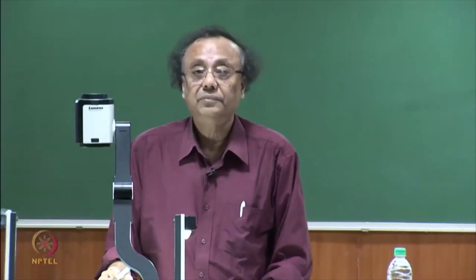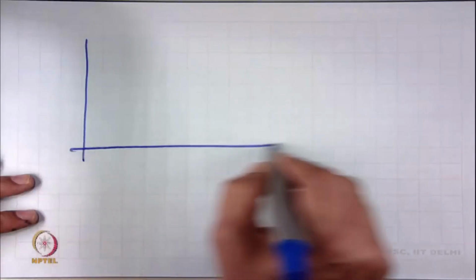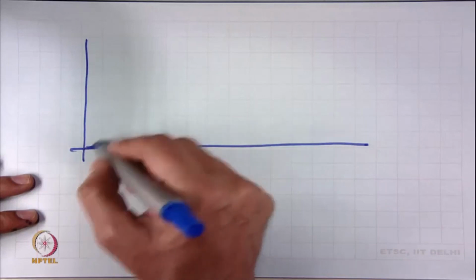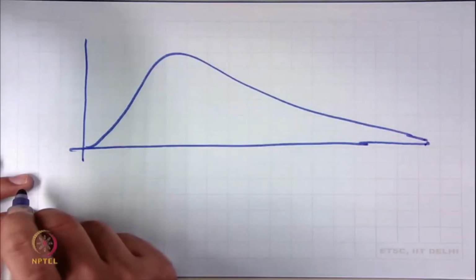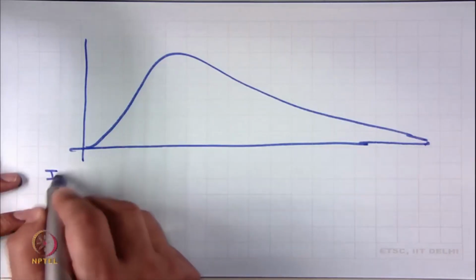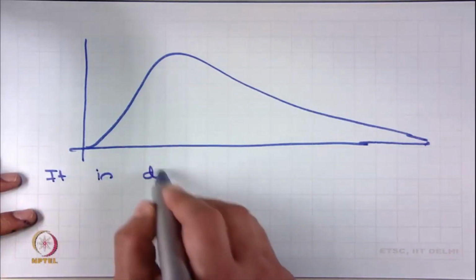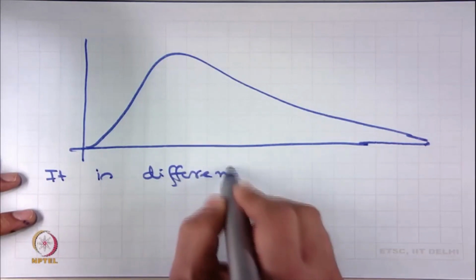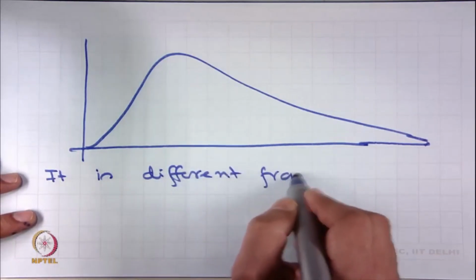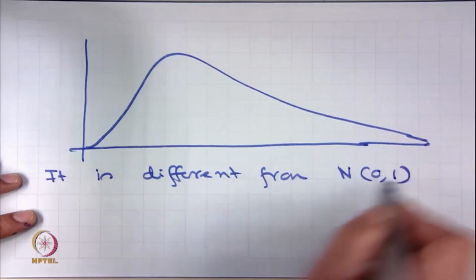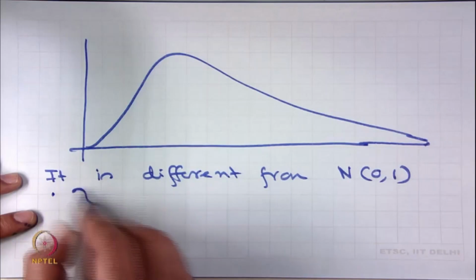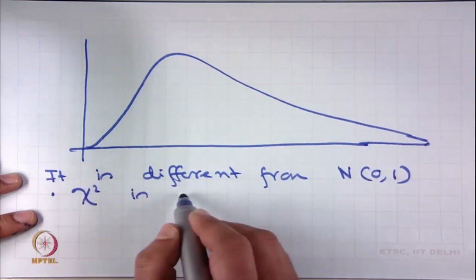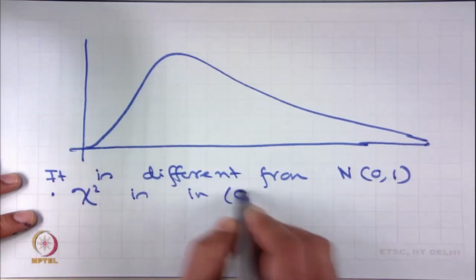In general, the chi-square distribution will have a shape like this. So, it is different from normal 0, 1, as chi-square is in 0 to infinity.